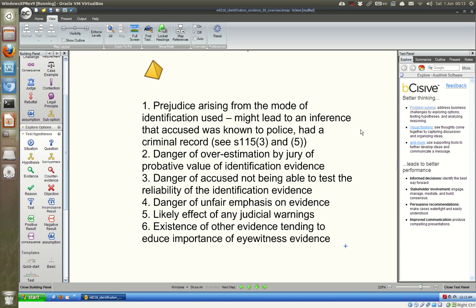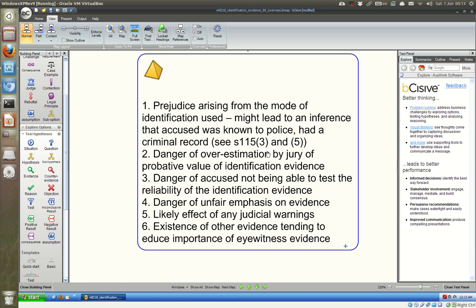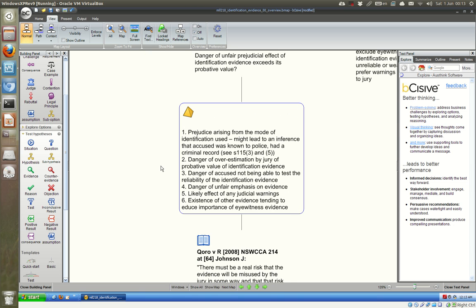The likely effect of any judicial warnings, that is, that the judge may give a warning that the jury should take into account certain weaknesses apparent in the identification evidence, but the jury might ignore those warnings, and also the existence of other evidence tending to reduce the importance of eyewitness evidence.